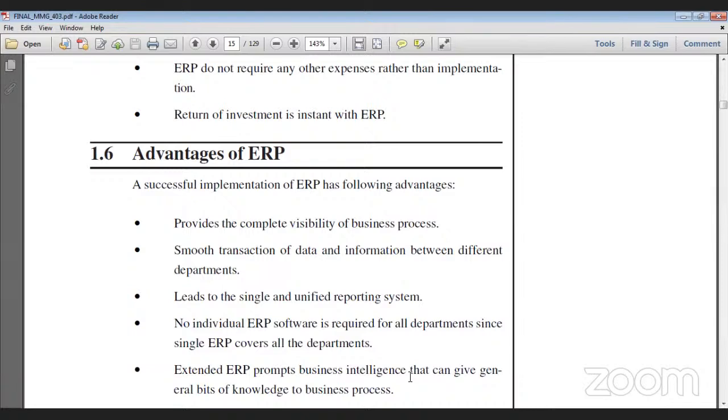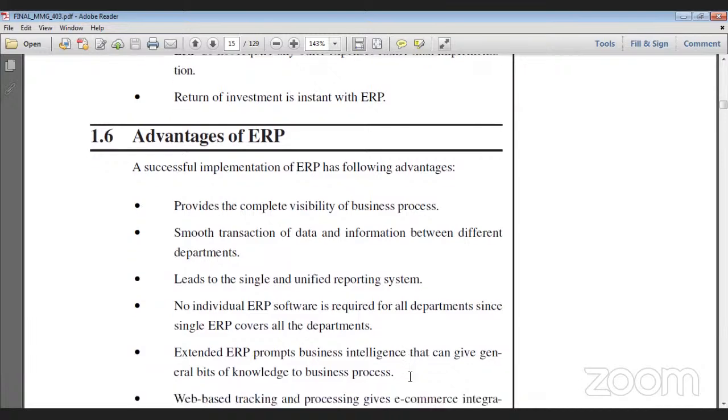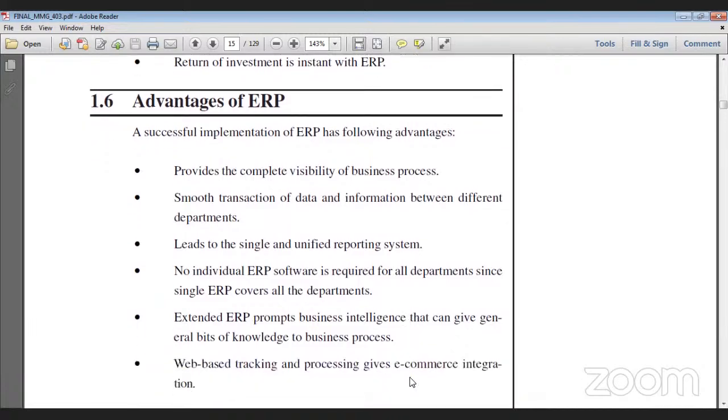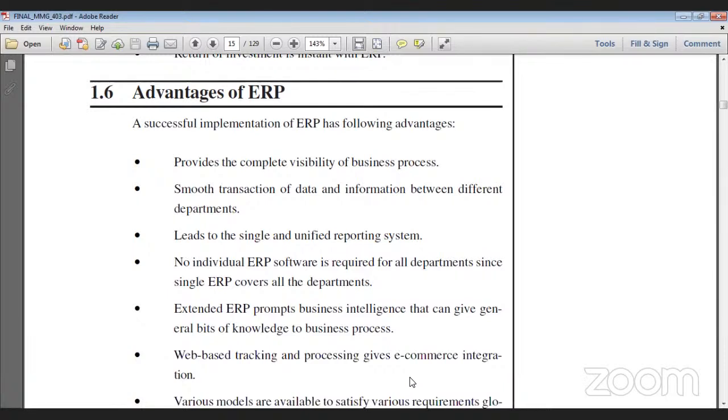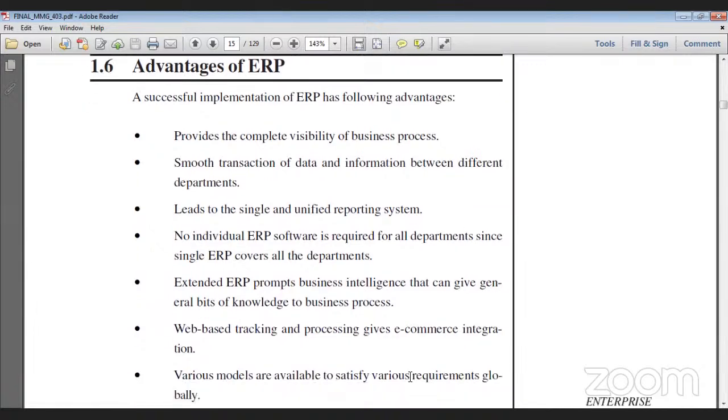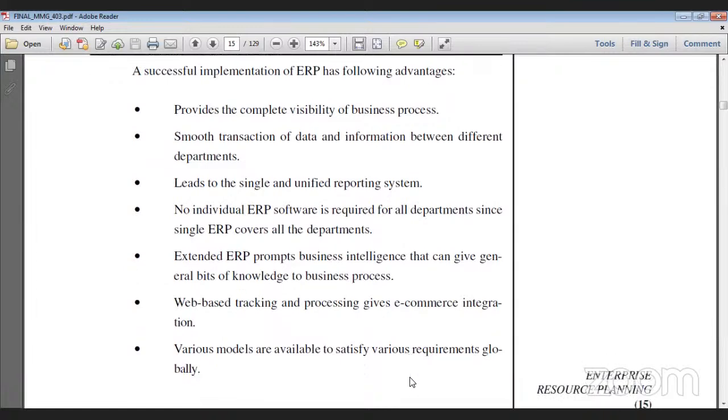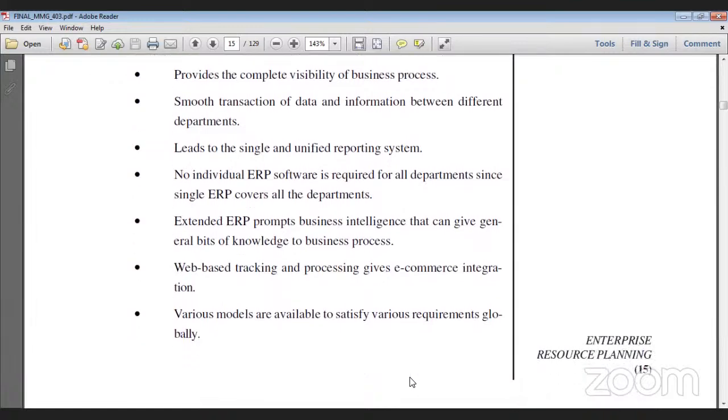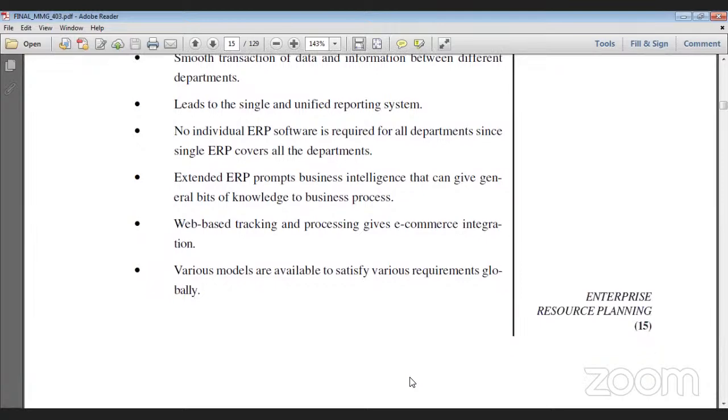Then extended ERP prompts business intelligence that can give general insights into business process also. The next advantage is that web-based tracking and processing gives e-commerce integration. Various models are also available to satisfy various requirements globally. So these are some advantages of ERP.